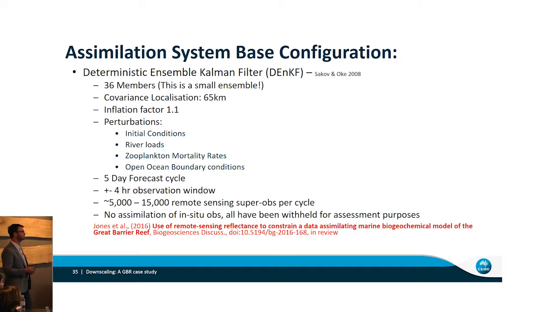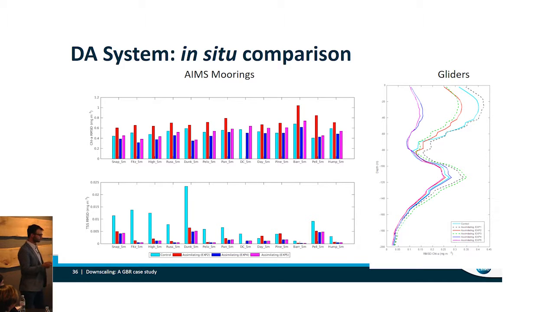But we've undertaken a number of assimilation experiments where we look at assimilating the remote sensing reflectance or optically derived constituents. It's a bit busy, this plot, but just focus on the blue and magenta lines here. We can see that we substantially increase the skill of the model, especially with respect to TSS, as compared to the control run.